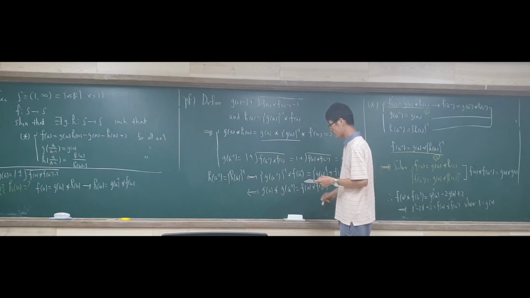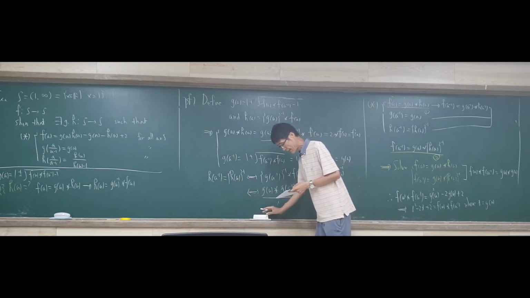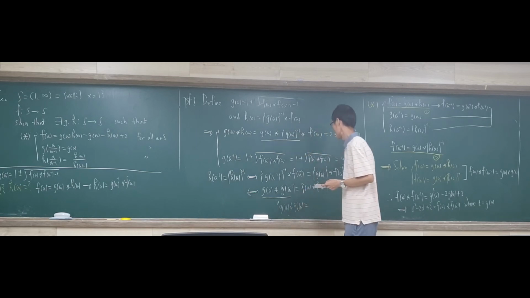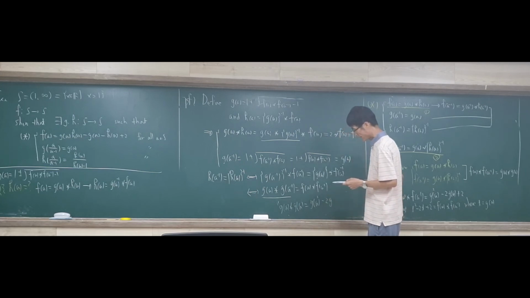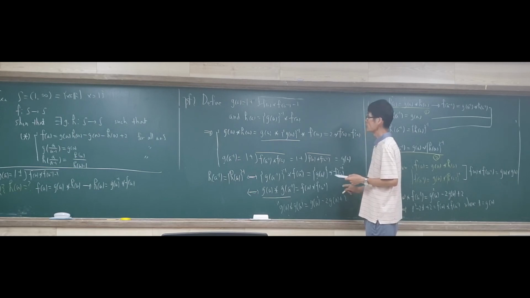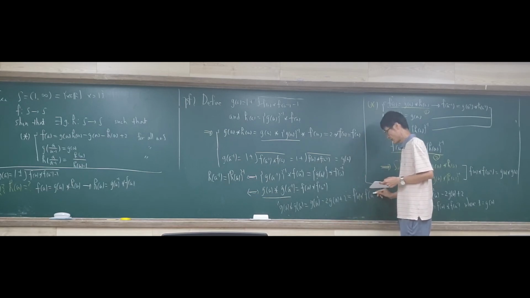So you can easily see that this equation holds because this is equal to G(a) star G(a), and by the definition of star, this is equal to G(a) squared minus twice G(a) plus 2, and this is equal to, by the definition of G(a) given this way, you can easily check that this is equal to F(a) star F(a) inverse.